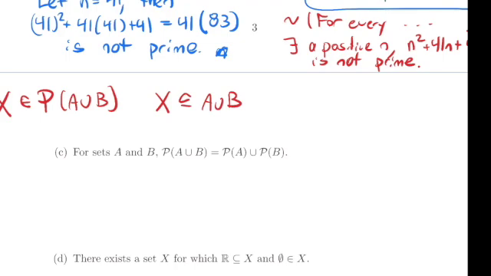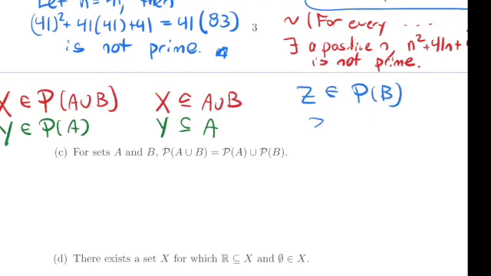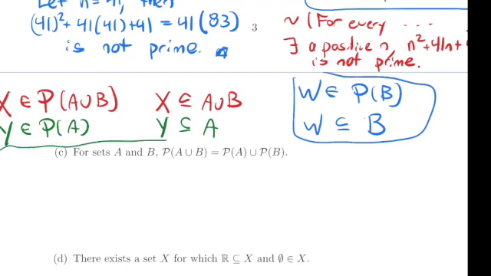And if we have another thing which is in the power set of A, this would tell us that Y is a subset of A. And then we have the last one, which is an element of the power set of B. Maybe I shouldn't use Z since that's integer. So this would tell us that W is a subset of B. Yeah, that's definitely helpful to get an idea of what each of these things are, what are elements in these sets.